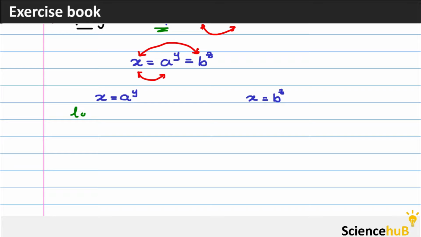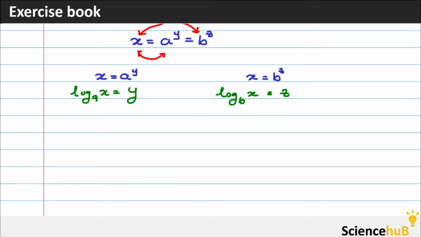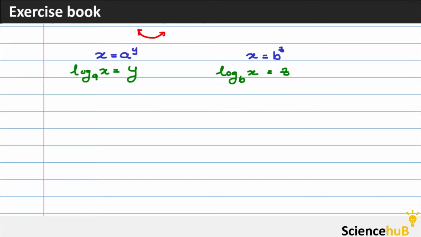We can write it in log form. log_a x is equal to y and log_b x is equal to z. Now we will take z to prove this. z is equal to log_b x.